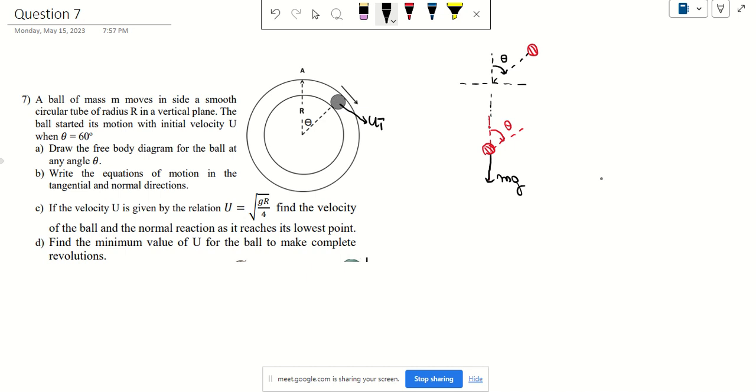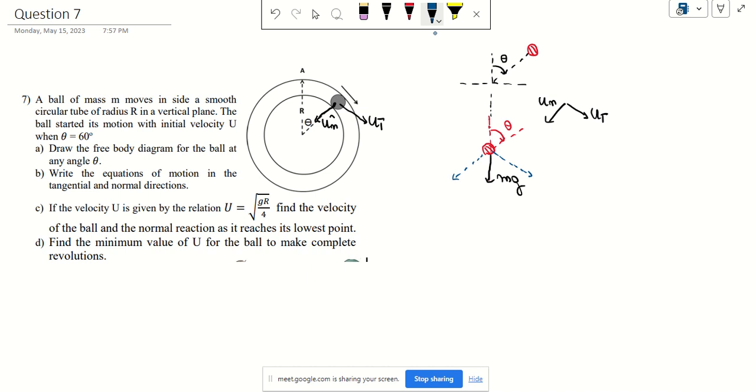And un is perpendicular to the surface toward the center. So I have now introduced my two directions. mg is not in the direction of either of these two unit vectors, so we need to resolve it. So this is in the ut direction, and this is in the un direction.